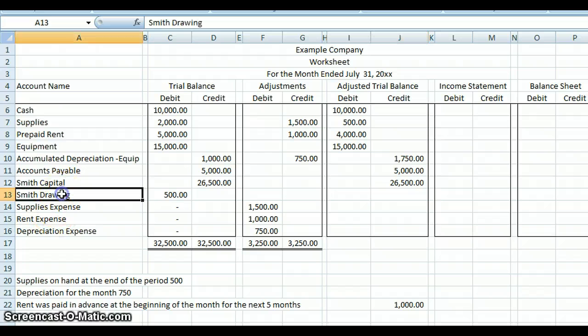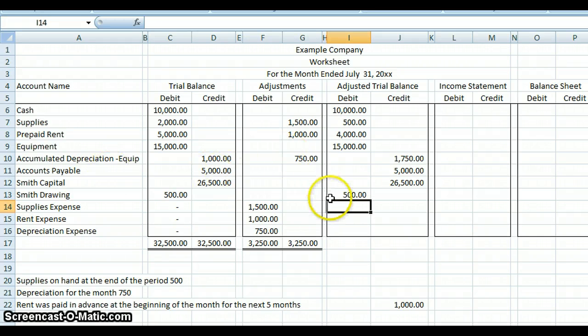I had Smith Drawing. I didn't make any changes, but I'm going to remind you that drawing is a contra equity account and has a normal debit balance. So that's where you switch back over to your debits. And then I had 0 for supplies expense, plus a 1,500 debit is going to be a 1,500 debit. With rent expense, the same thing.